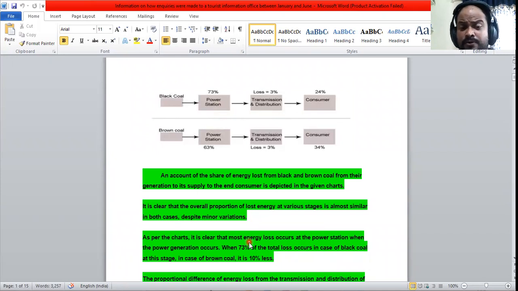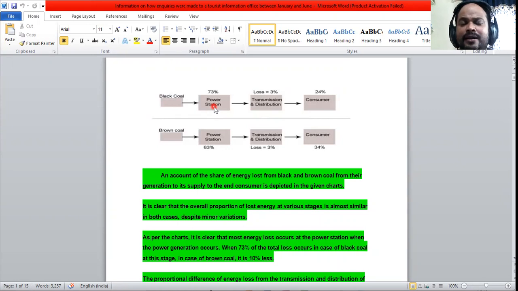It's clear that most energy loss occurs at the power station when the power generation occurs. It is not an assumption. When the power generation occurs, only then the power station is functioning.